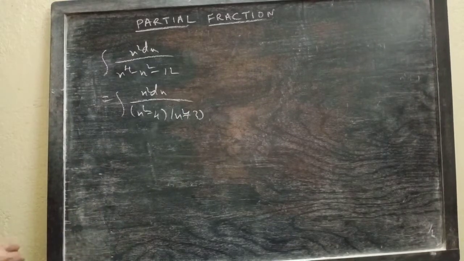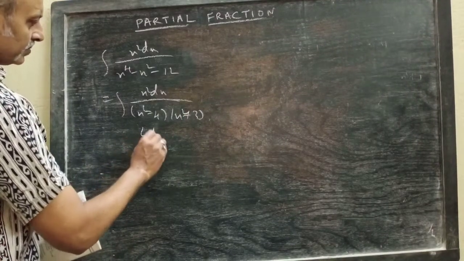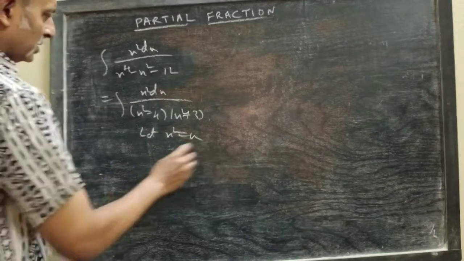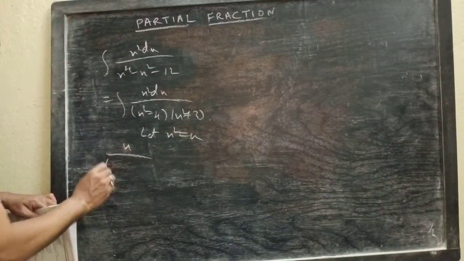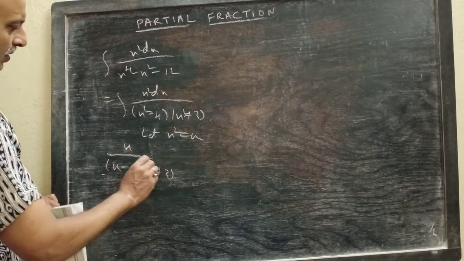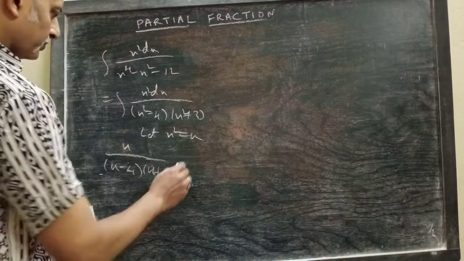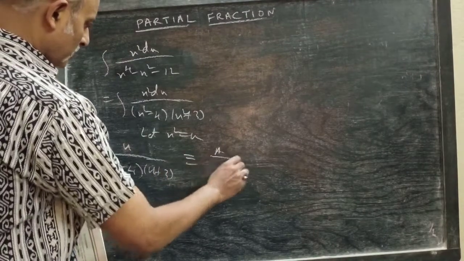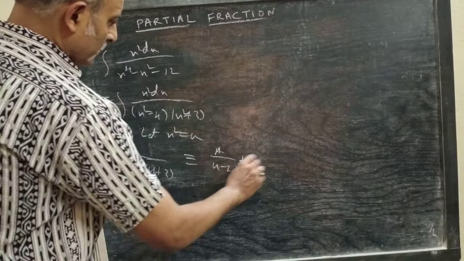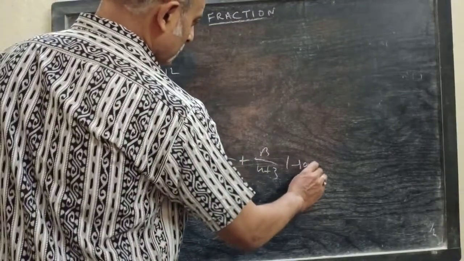Now if we consider x square as u, then your fraction becomes u by (u minus 4)(u plus 3), identically equal to a by u minus 4 plus b by u plus 3, say.